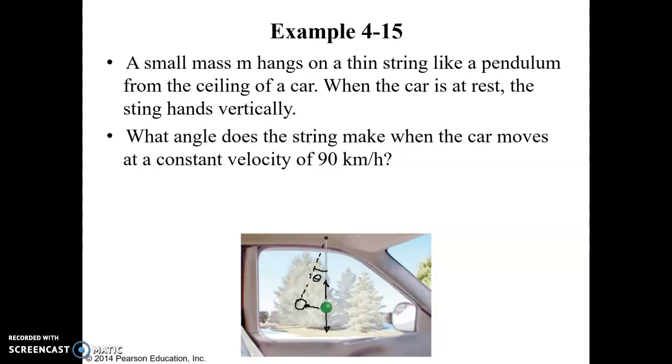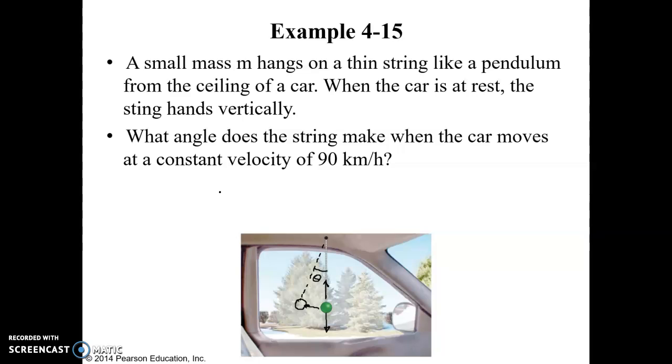So rather than looking at the calculation of what the angle is, I want to focus on something conceptual. The part of the question that asks, what angle does the string make when the car moves at a constant velocity of 90 kilometers per hour?